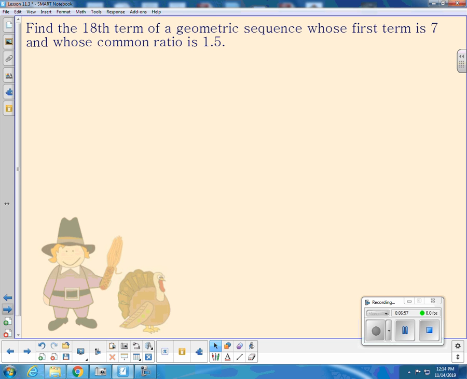So try for a second, write your sequence down, and then you're trying to find the 18th term. So that's my sequence, yes? And all you're doing is plugging in an 18. They want to know what the value of the 18th term is.